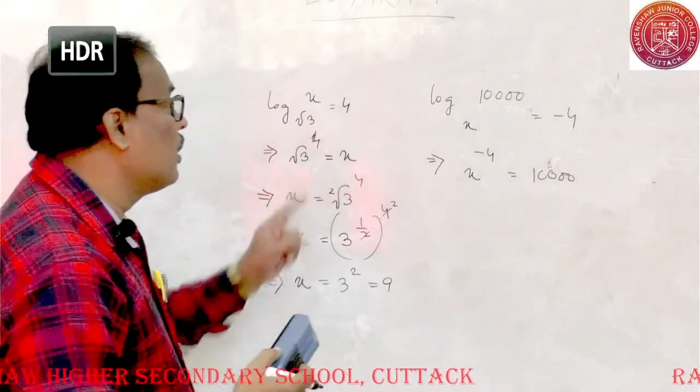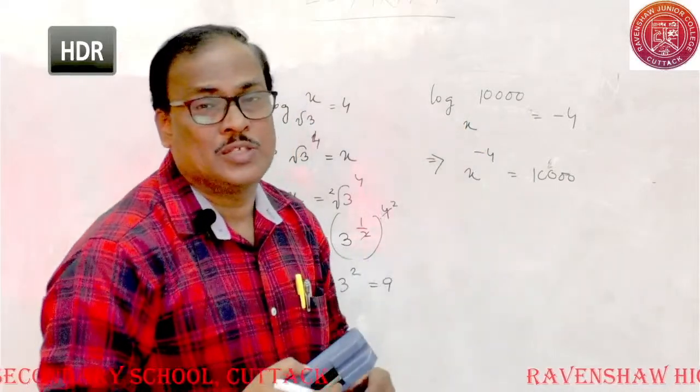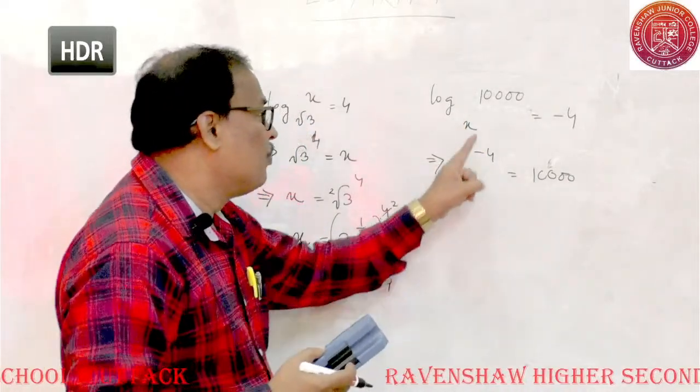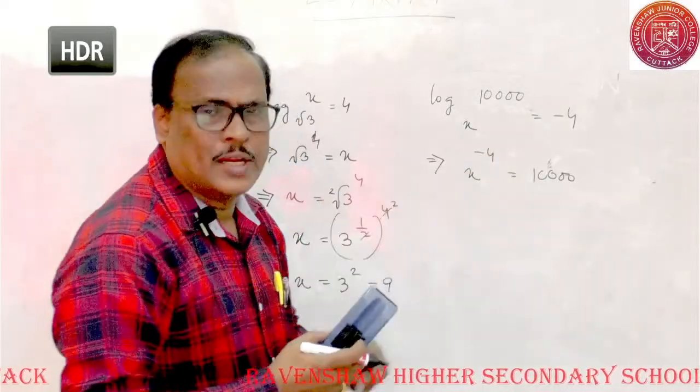Our next question is log 10000 to the base x is equal to -4. Converting, x to the power -4 is equal to 10000.